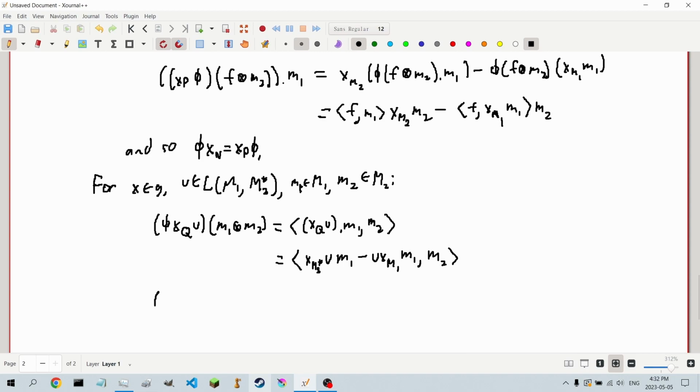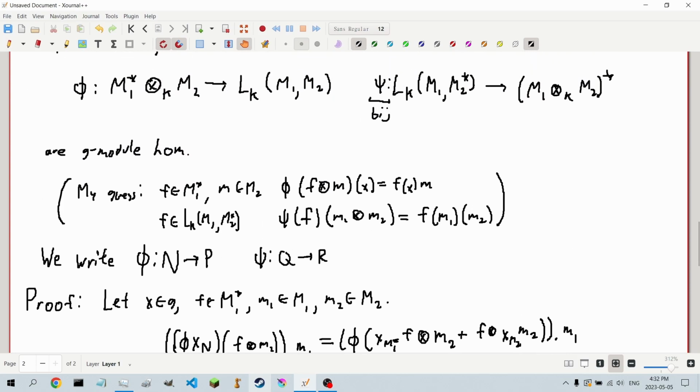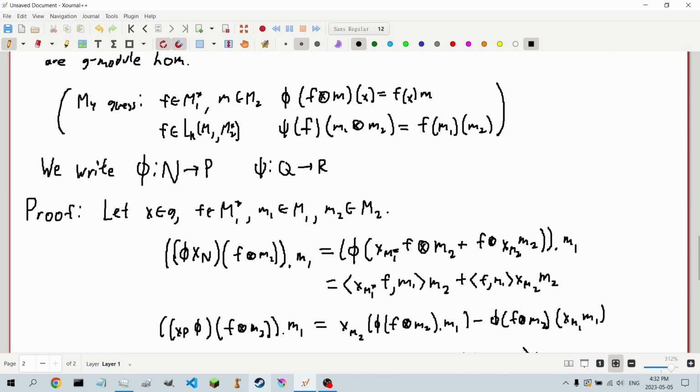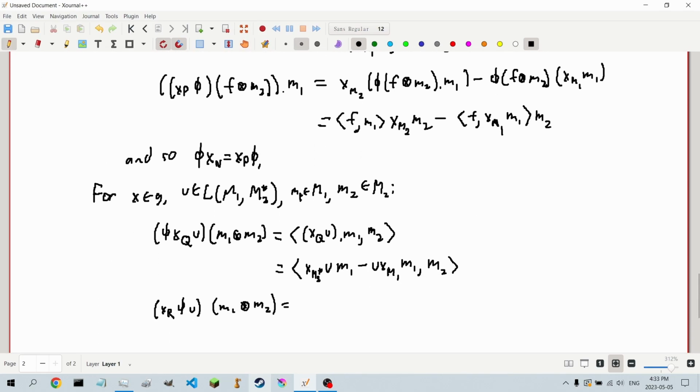And so x to the r phi of u of m1 tensor m2. The phi is sending the map to the dual space of M1 tensor M2.